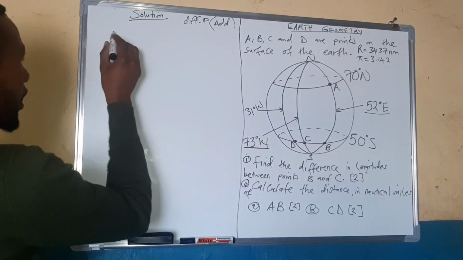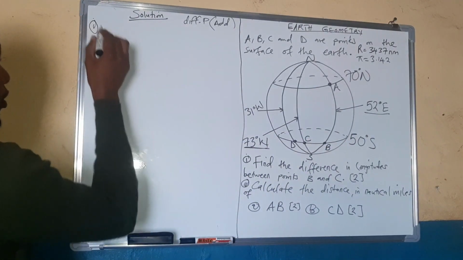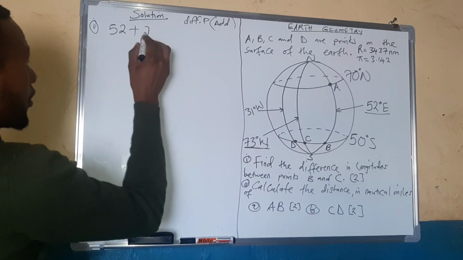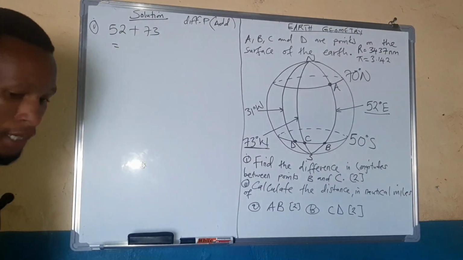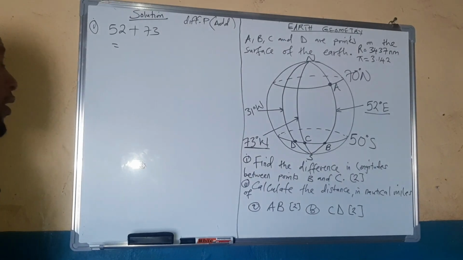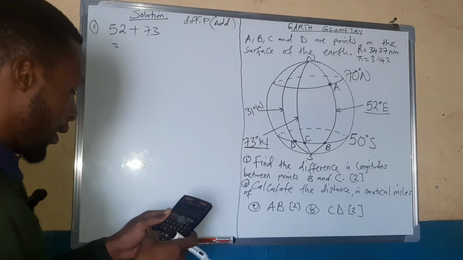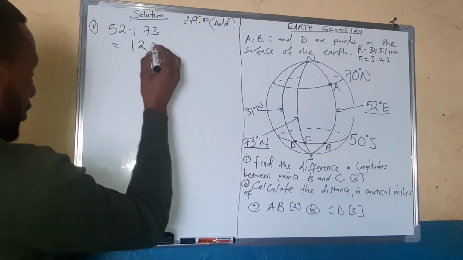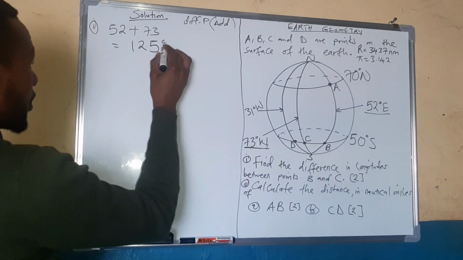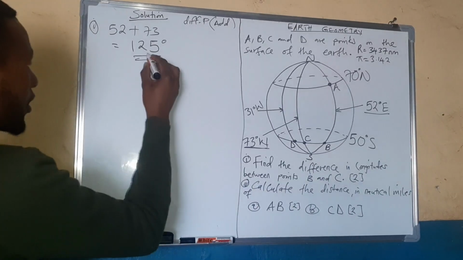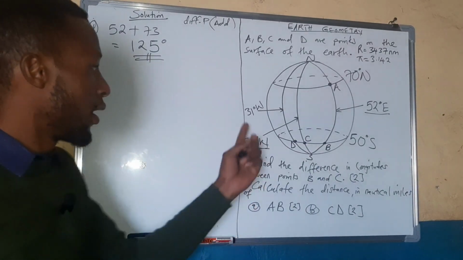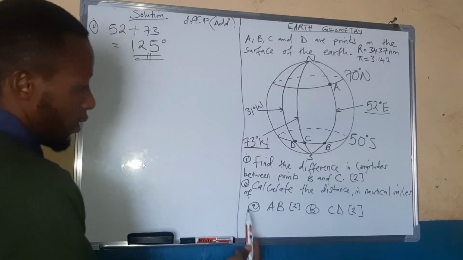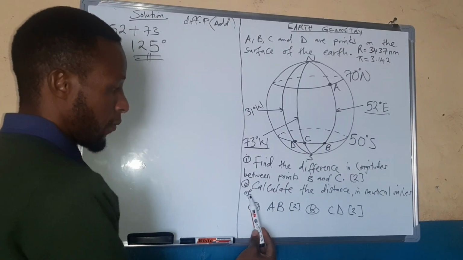The difference in their longitudes, question Roman numeral 1, will just be 52 plus 73, which is 125 degrees. This is their difference in longitudes. It means you are done there. 2 marks for that.